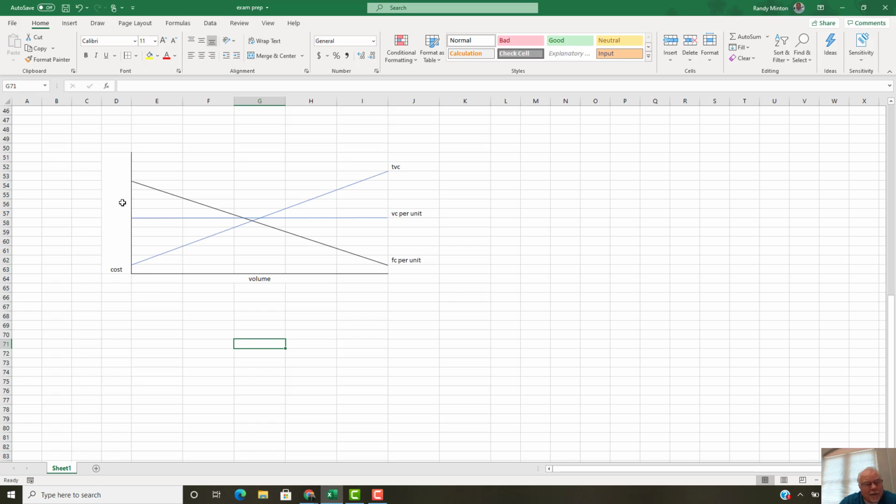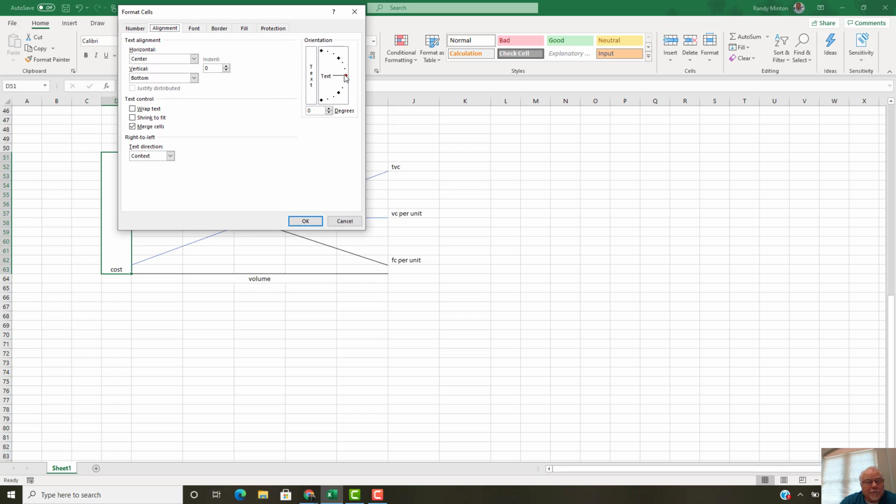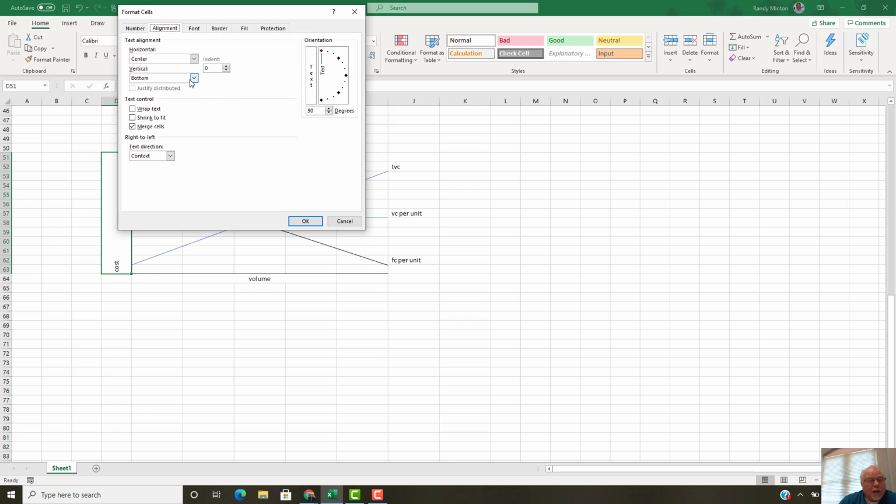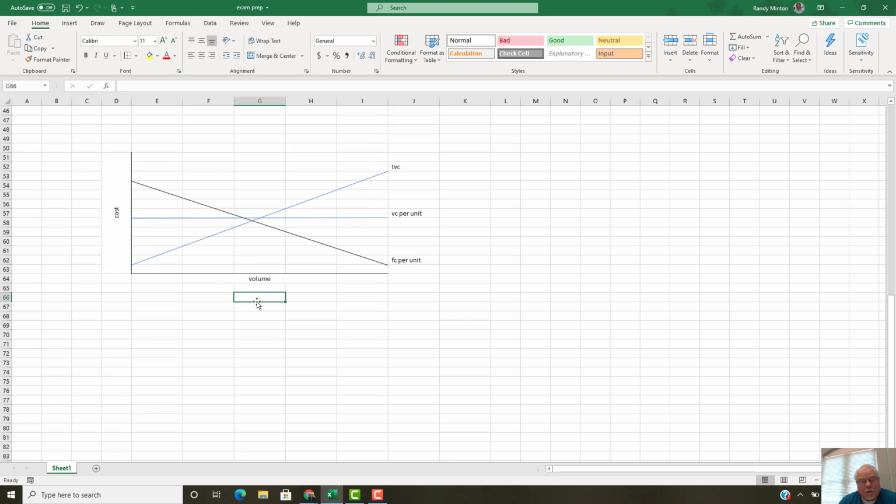So, yeah, doesn't look right, does it? Let's do this. Let's align this thing so it looks different, I guess. So that's your cost, okay? And I probably should center it, I guess, so it's not down there at the bottom. Let's put it in the center. Now it looks more like a real chart, okay?